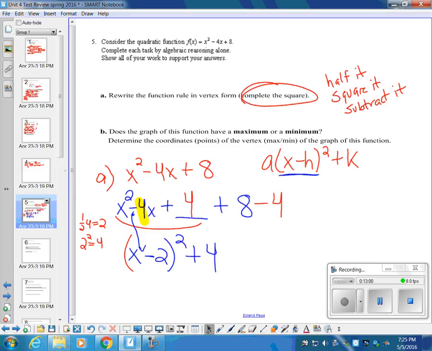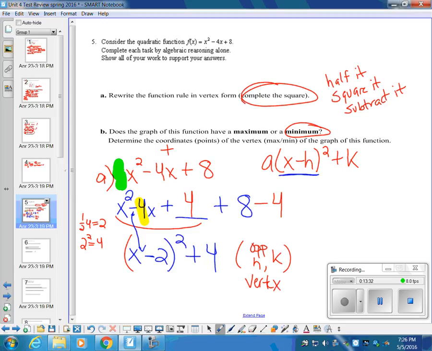Now, does this graph have a maximum or a minimum? We look at what's sitting in front of our x squared. A positive is sitting there, so if it's positive, we have a minimum. Now, what is our point? Remember, it's the opposite of h, and k is our vertex.